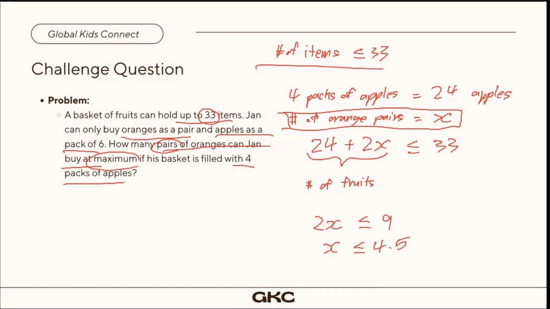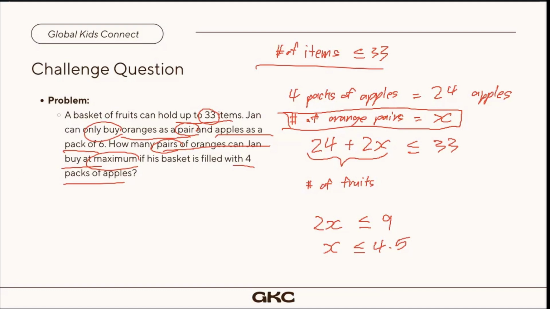However, for the context of the question, very important, it says Jan can only buy oranges as a pair. So this means she can only buy 2 oranges at a time. She cannot buy one, she cannot buy half an orange or anything like that.